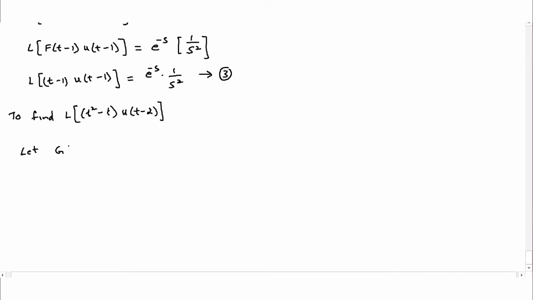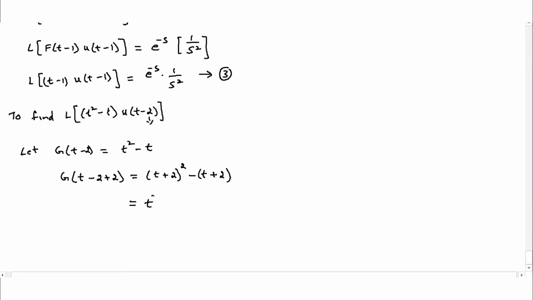So g of t minus of, in this case your b value is 2. So g of t minus of 2 will be nothing but t square minus of t. But I have to make this as g of t. So since you are having minus 2, just add plus 2, here also just add 2. So t plus 2 whole square minus t plus 2, it is in the form of a plus b whole square.